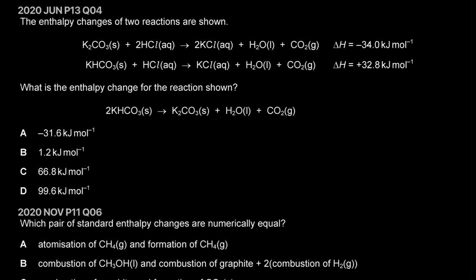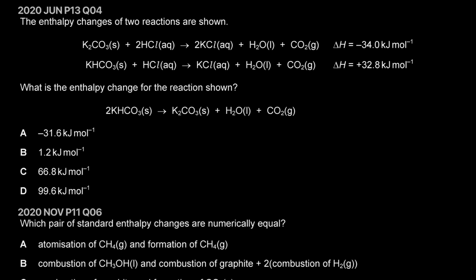So over here, the reaction that they've shown is when potassium hydrogen carbonate is decomposed to form potassium carbonate, water, and carbon dioxide. And they've given us information about the neutralization of potassium carbonate and the neutralization of potassium hydrogen carbonate.